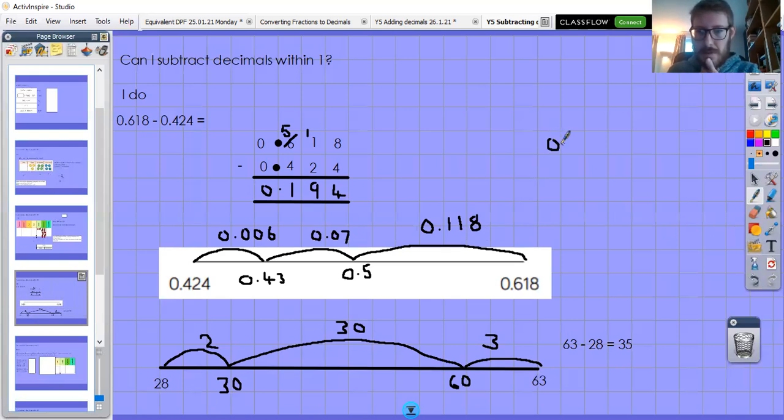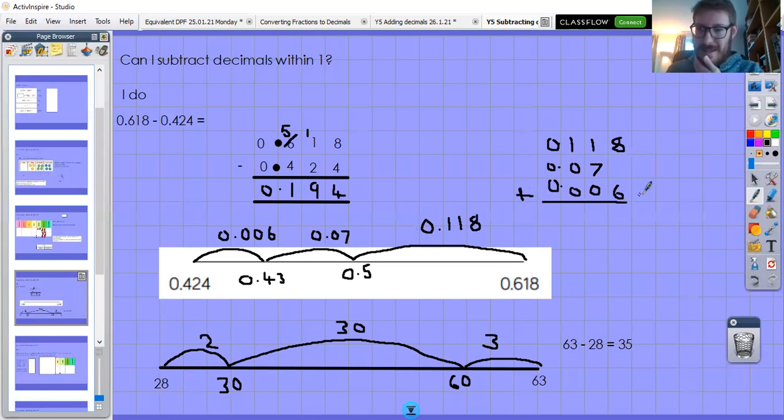So I could do 0.118, 0.07, and 0.006. Oh, there we go.